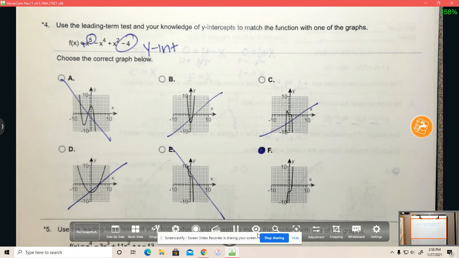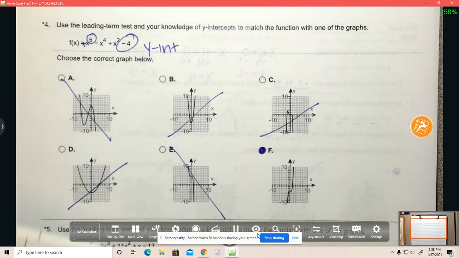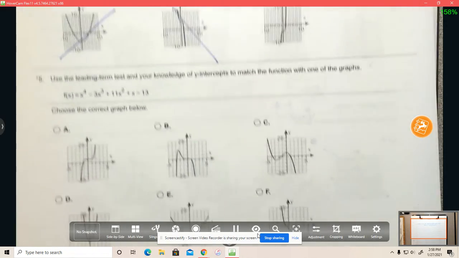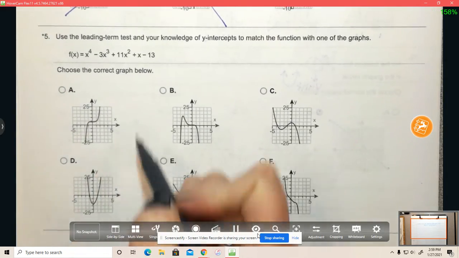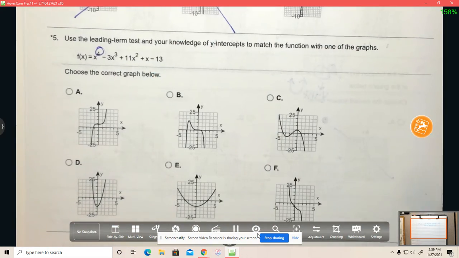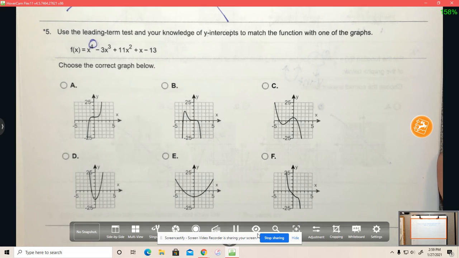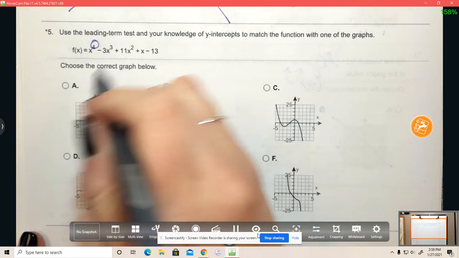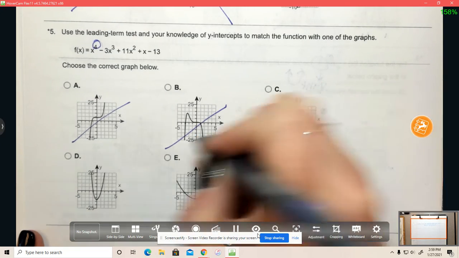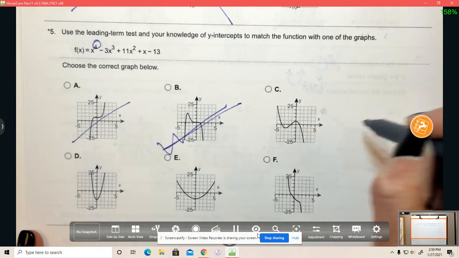Okay? And like I said, number 5 is very, very similar. So I'm not going to go over that one because you're going to do the same thing that you did on number 4. And this time we have an even exponent, so we know our ends are going the same way, and it's positive. So that can narrow out... oh yeah, that's because that's negative.